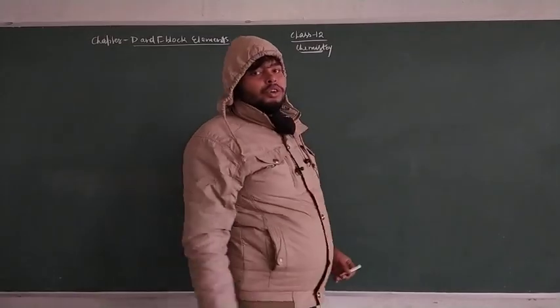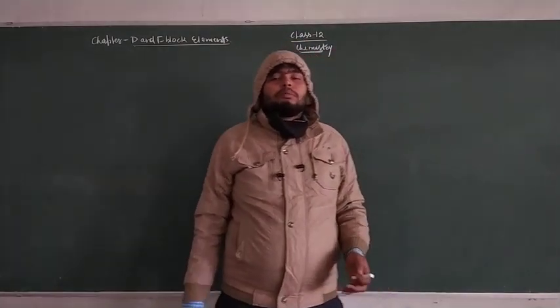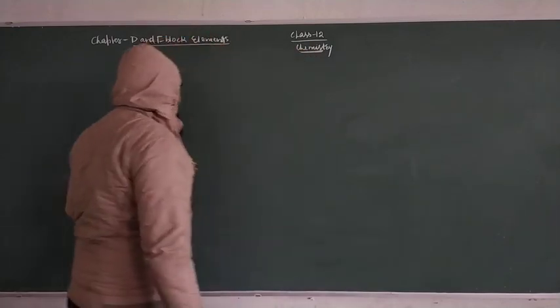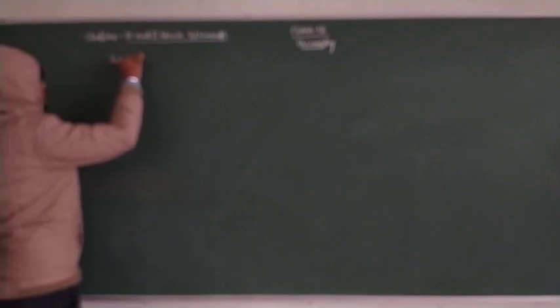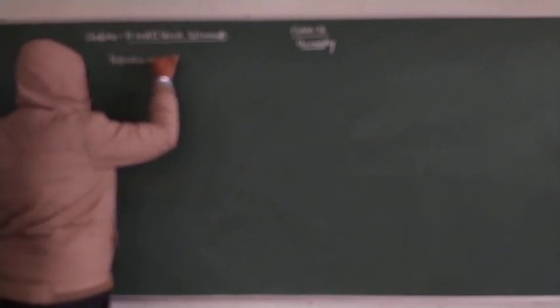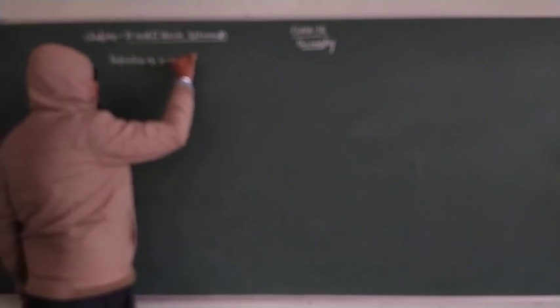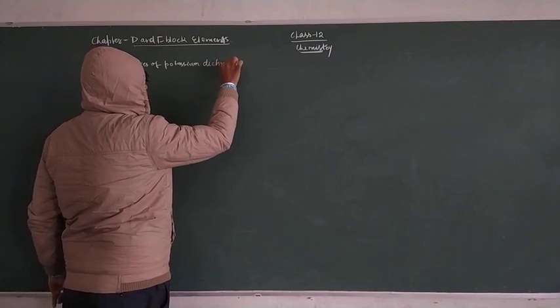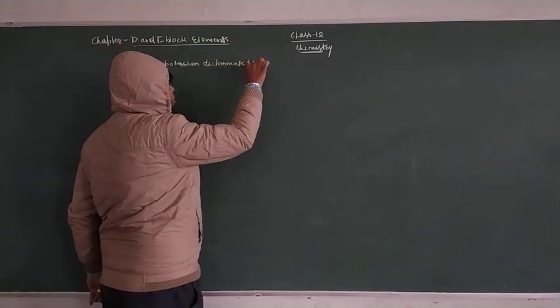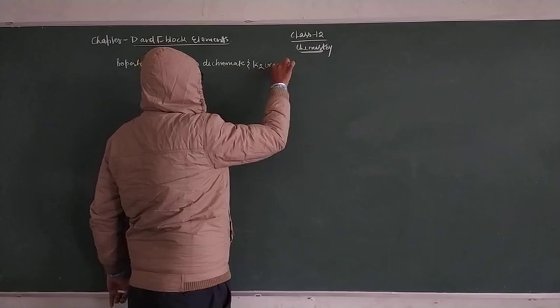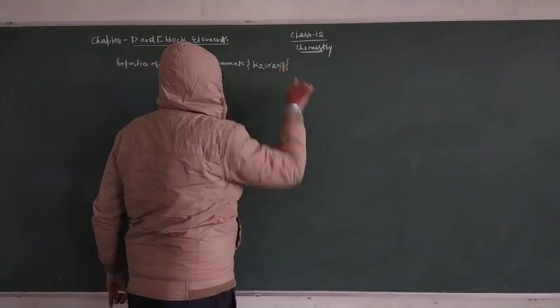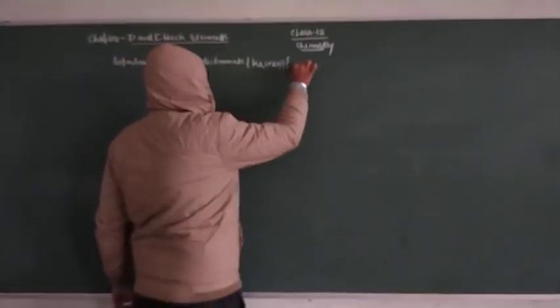In our previous video, we discussed an important compound, potassium dichromate, that is K2Cr2O7. Our topic is properties of potassium dichromate. We also discussed it in terms of chromate ion formation.